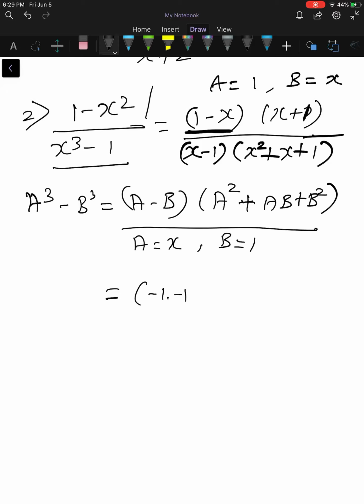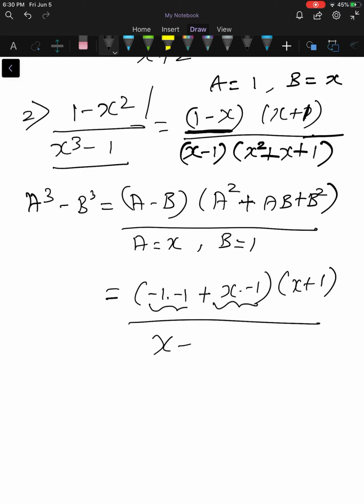Plus minus x is nothing but x times -1. Correct? So in this term and in this term, you have -1 common.